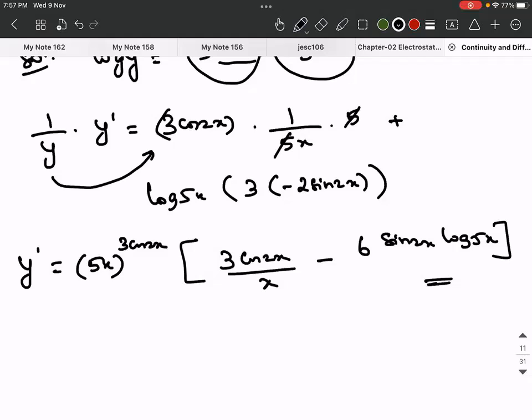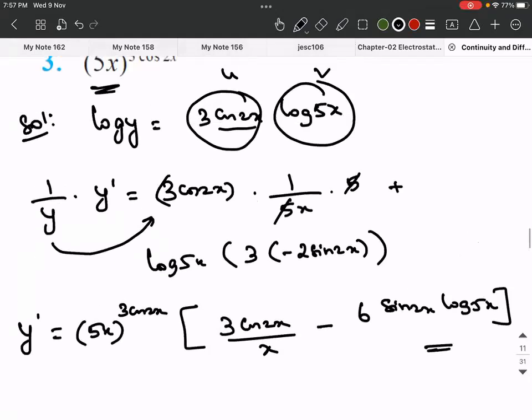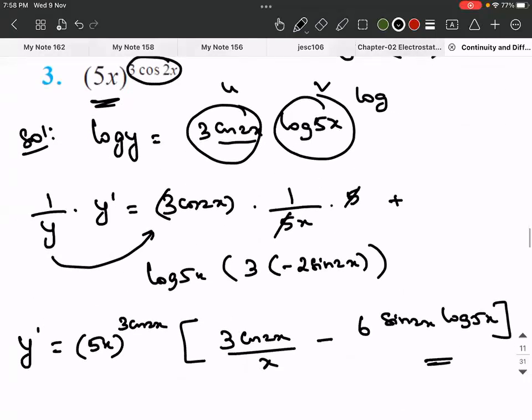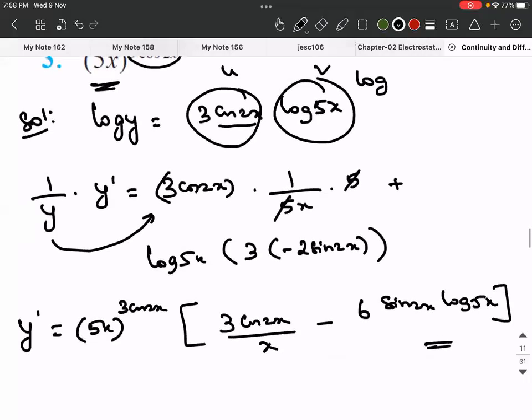Sir, how do you get 3 cos 2x? Sir, 3 we can take outside, right? Like in the second step, you could have done that. Sir, then we'll have to multiply 3 with 6 also.